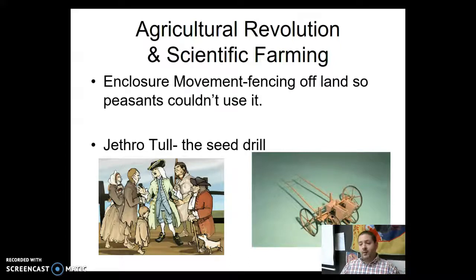I have the name Jethro Tull up here, and he invents the seed drill, which is this mechanism over here to the right-hand side of the screen. That illustrates two things, right? One is that there are better farming methods in Europe, particularly in Britain, starting in the 18th century.